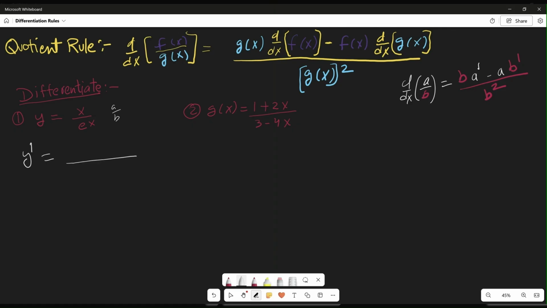This is simply b squared, which is e to the x squared, and then what we have is b times the derivative of a. b is e to the x, times the derivative of a, which is x, minus a. a is x times the derivative of b, which is e to the x.